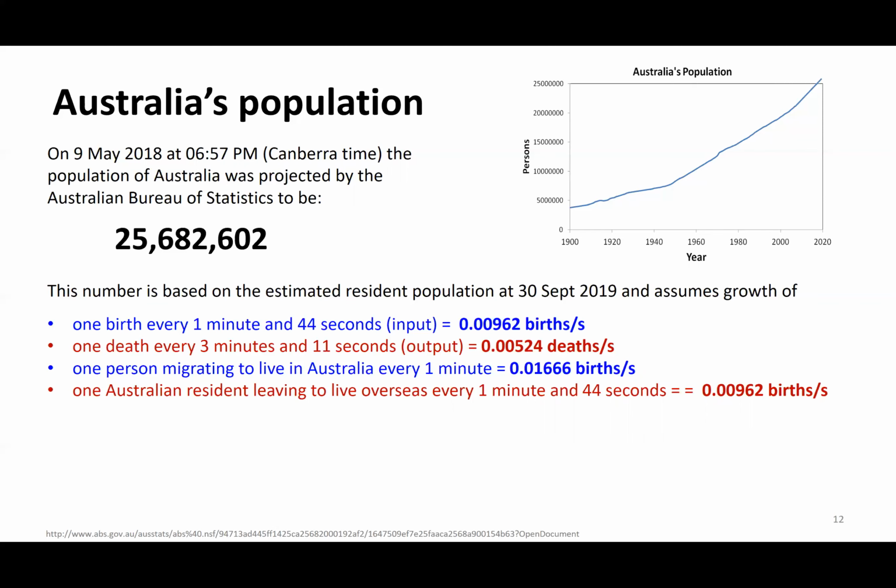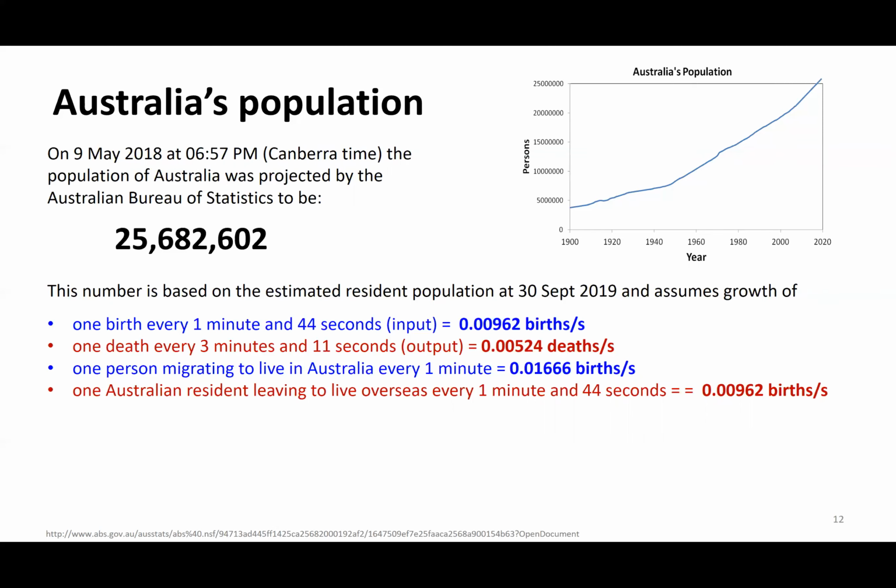The actual number is based on an estimate of the resident population at the 30th of September 2019, which I think was the last census date in Australia. It assumes growth of the following: 1 birth every 1 minute and 44 seconds. So that's a birth rate, or a flux rate of people, of 0.00962 births per second.